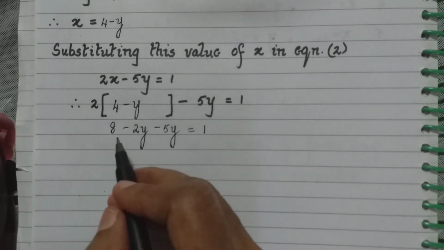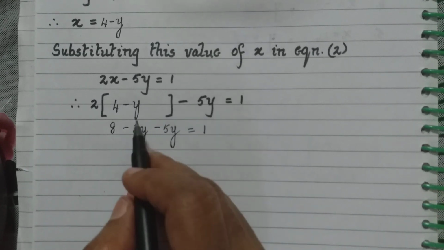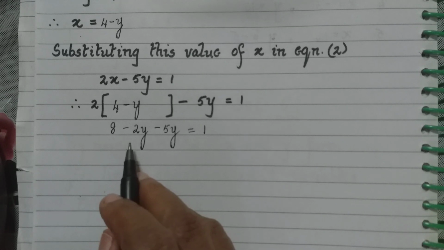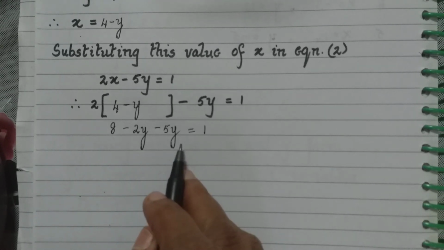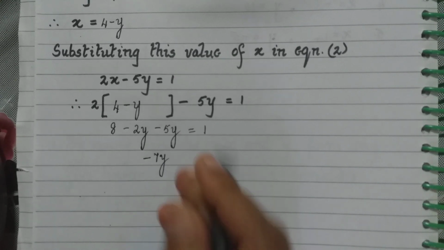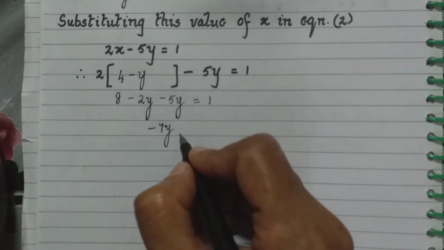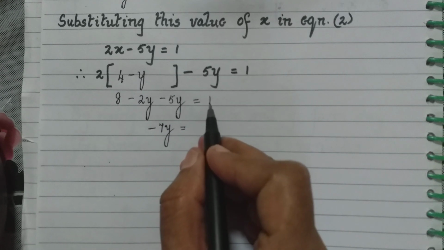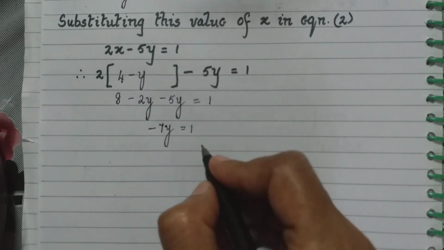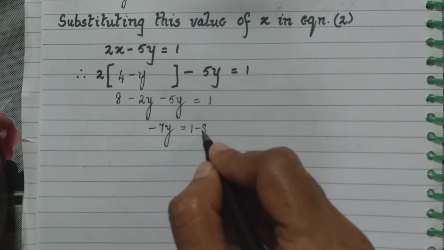Simplifying further, we take the numerical terms on one side, the ones with the variable on the other side. I have here minus 2y minus 5y. So that becomes minus 7y is equal to, here you have 1. This 8 on the other side becomes minus 8.